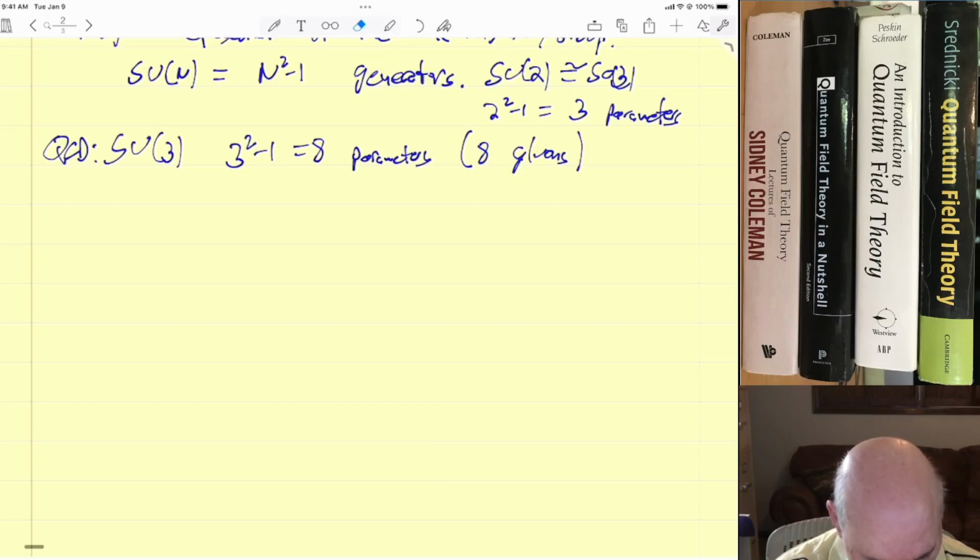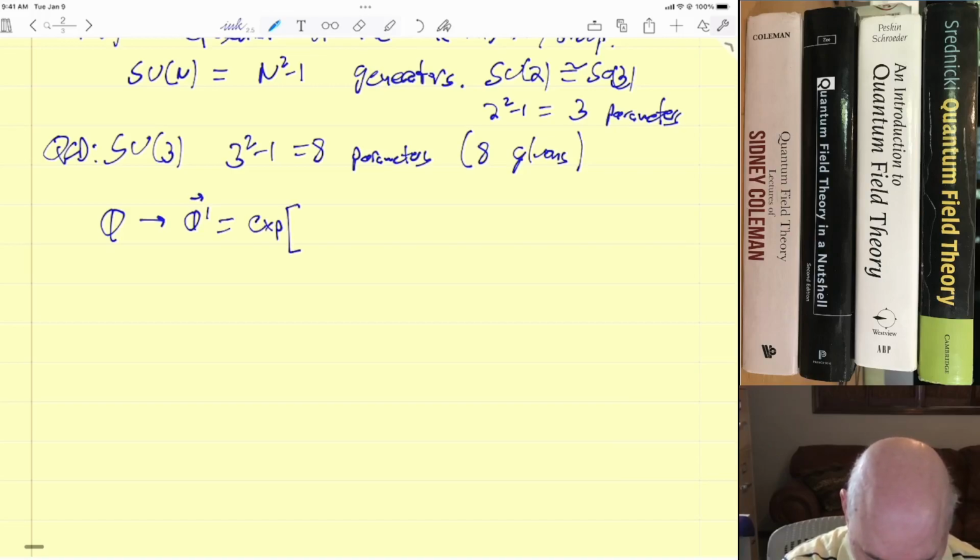Okay. Now, in general, when we let the parameter depend on space-time, as we did previously, we go phi goes to phi prime equals the exponential of I. These are the matrix representations, but now we have a space-time dependence.